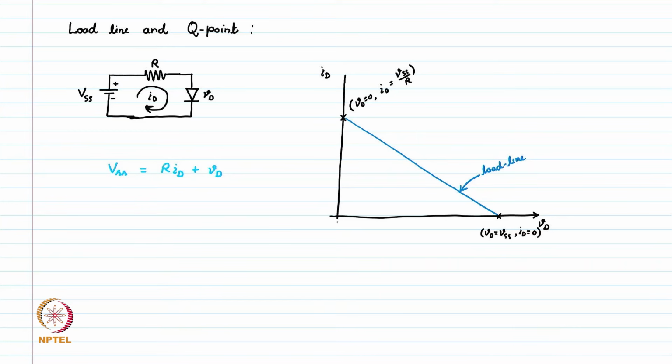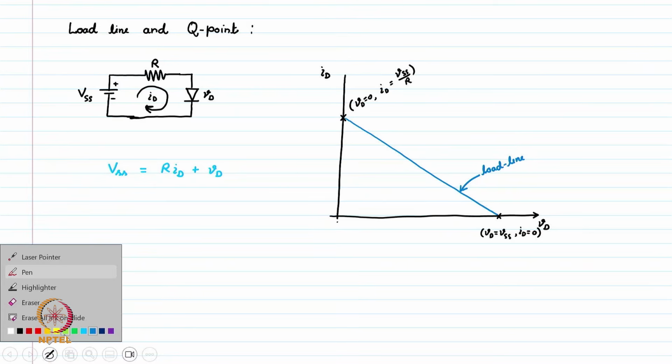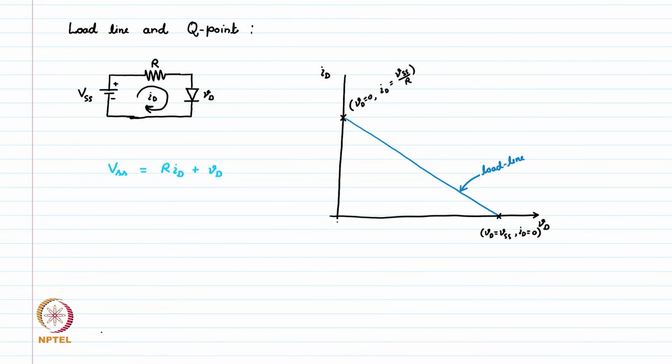So our circuit is always going to be only on this line, because these are the two extremes of this circuit. Now if we plot the diode characteristic on this graph, the diode characteristic we have seen is something like this.